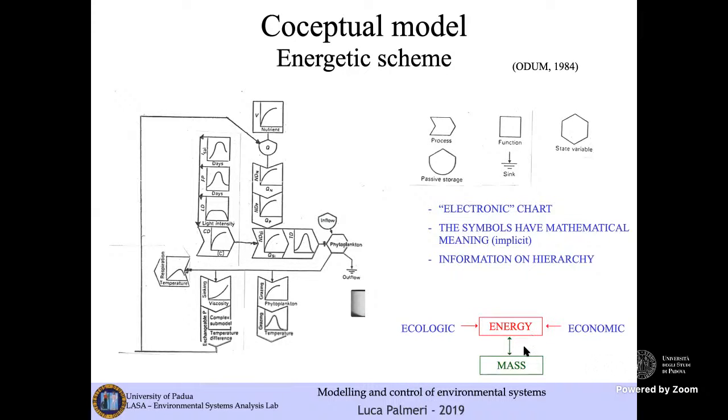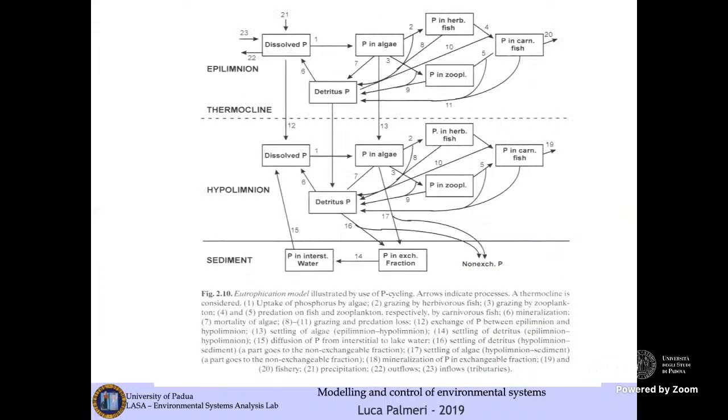Moreover, you should recall that we have seen that there is an easy way of passing from energetic currencies to mass currencies, and this passage is obtained by employing the conversion coefficients that we have seen a couple of lectures ago.